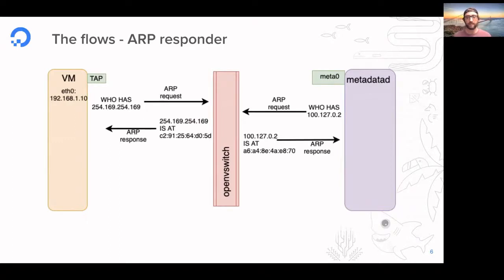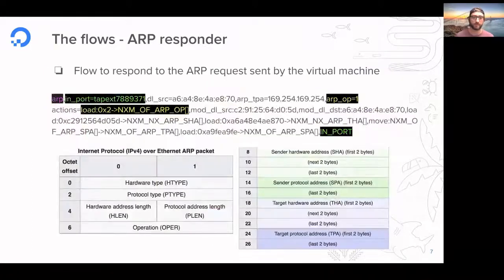You might have realized that the IP address the metadata service is ARPing for is not the VM IP, and you're right. I'll show you later that we also have network address translation playing a role in our setup. Now let's see what are the flows that we have to answer ARP requests on both sides.